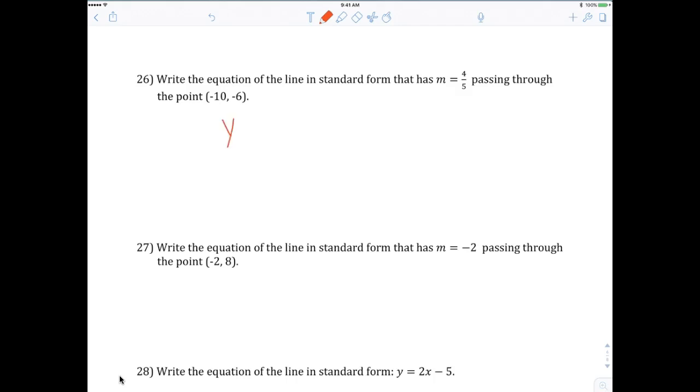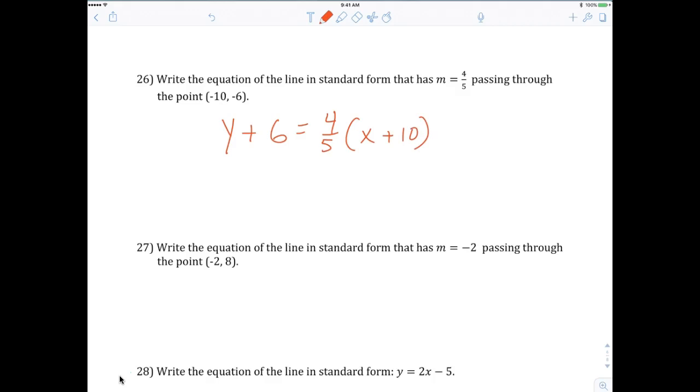Good. Yep. Y plus what? Oh, y plus 6. Good. Equals 1/5 times... Amazing. Good.